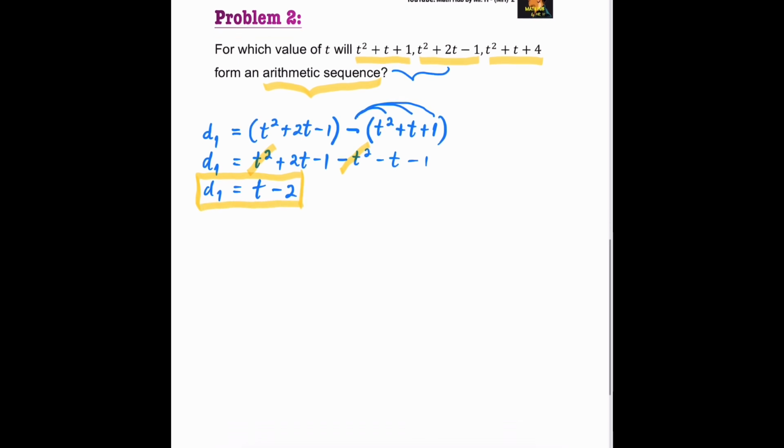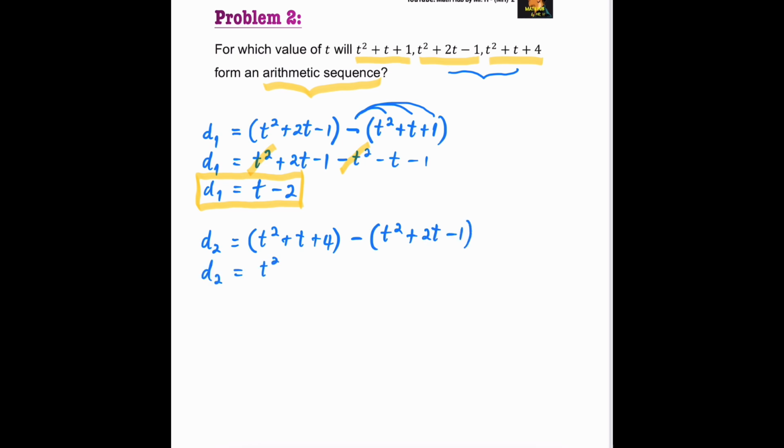And for the next group, the second common difference will be coming from the third term and the second term, right? So we take the third term, which is t squared plus t plus 4, minus the term before that, so that's t squared plus 2t minus 1. We simplify.